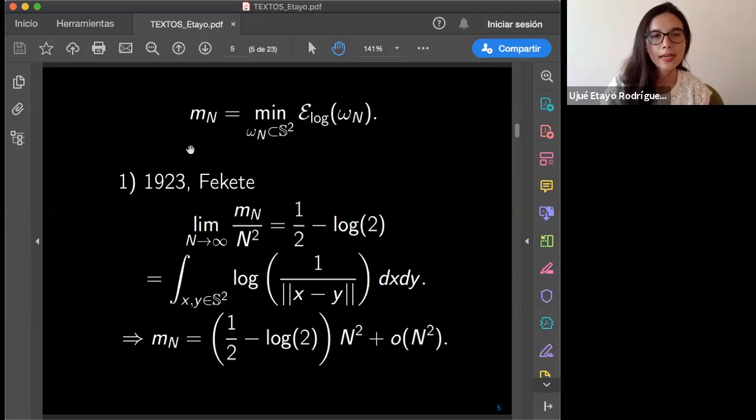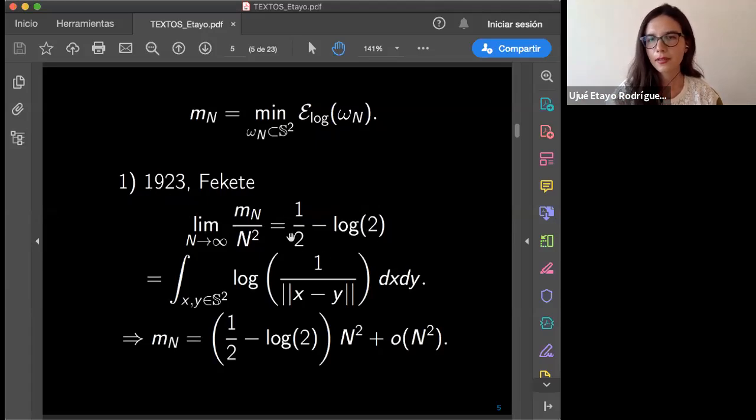And he proved in 1923 that if we take the sequence of minimal values of the logarithmic energy, the sequence indexed on the number of points, and we divide it by n squared, n again the number of points, then this sequence is upper bounded. And the bound that we found is this number here, 1/2 minus logarithm of 2.